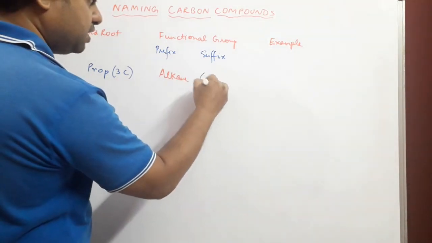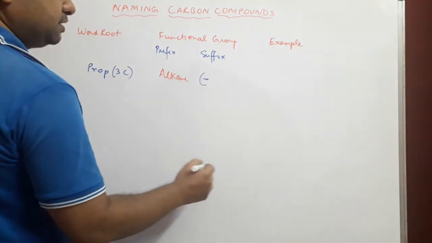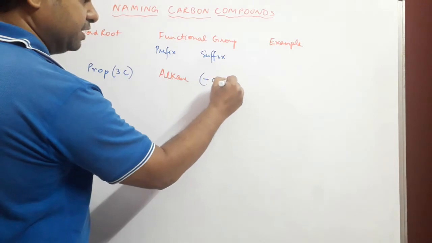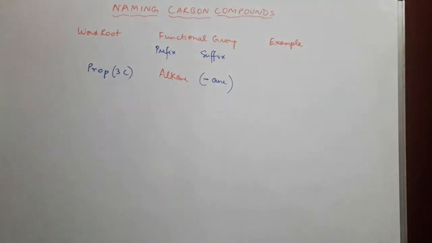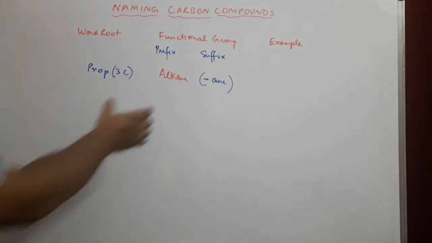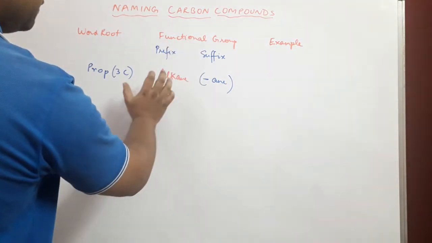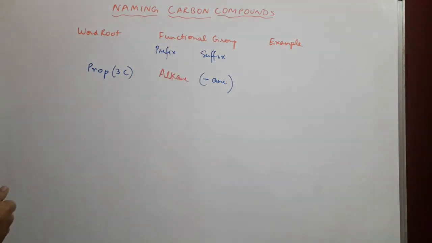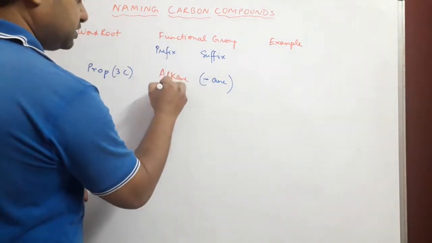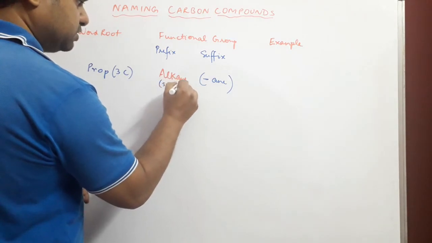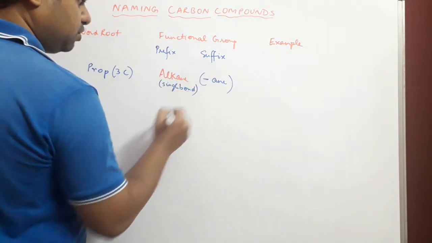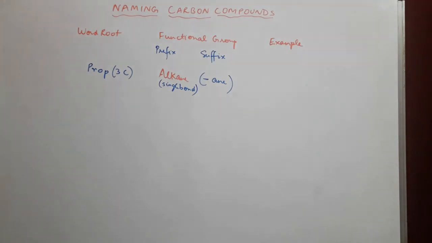So I'll mark the dash before that, and I'll put ane. So this is the functional group alkane when it is for a single chain. These are single bonds, you can see the single bond. An example of that would be propane.